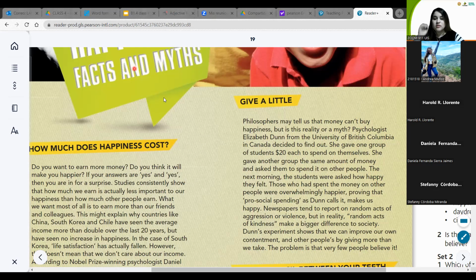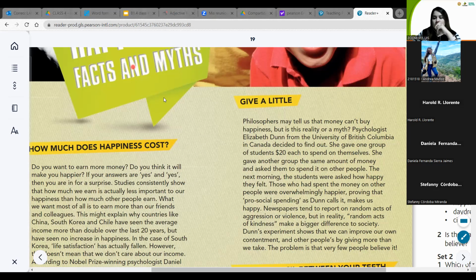Psychologist Elizabeth Dunn from the University of British Columbia in Canada decided to find out. She gave one group of students $20 each to spend on themselves. She gave another group the same amount of money and asked them to spend it on other people.